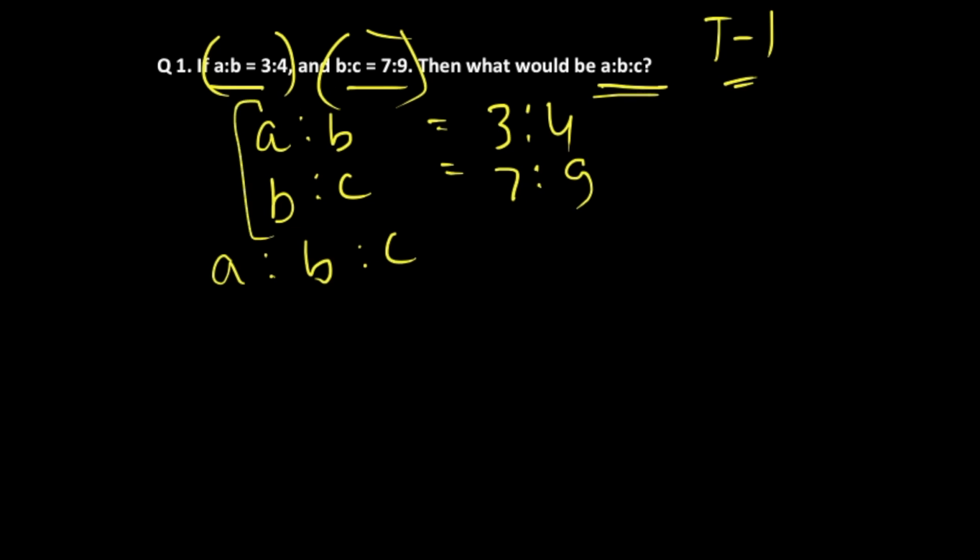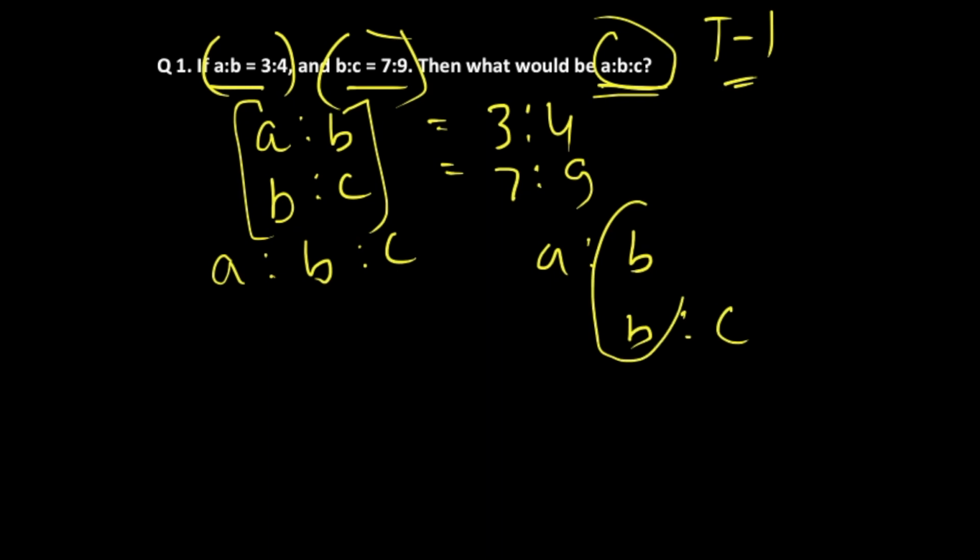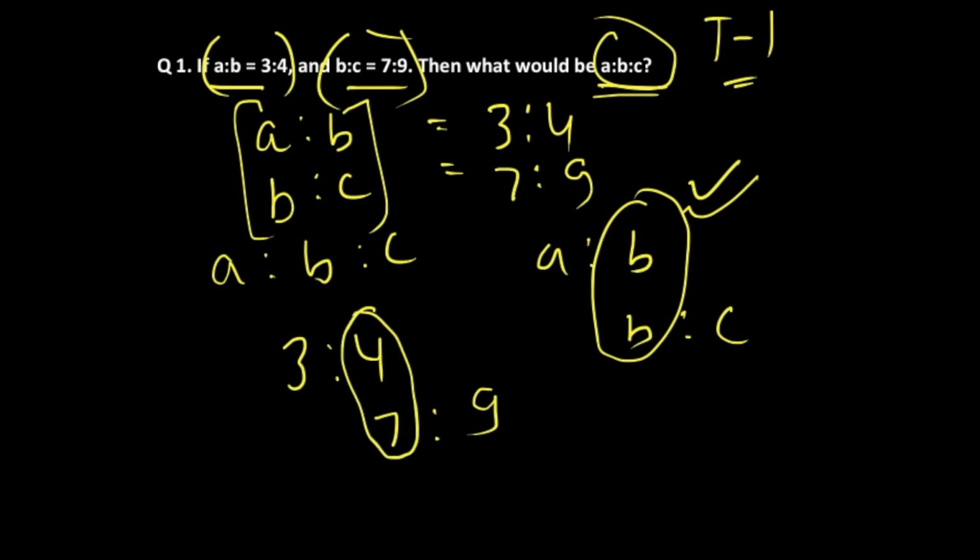So we'll try to simplify the given fractions in this format, a is to b and b is to c. In order to have the combined ratio, we are supposed to get a common term. So here we can write these as 3, 4, here 7 and 9. These things have to be the same.